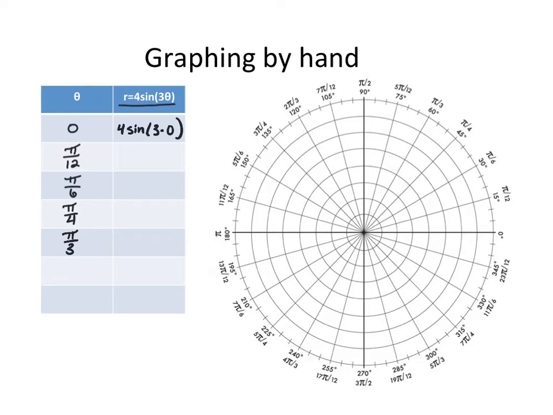I can type this into my calculator, or I can use my unit circle and my order of operations to find that this r value is going to be 0. If you're typing these into your calculators, our angles are measured in radians, so please make sure your calculator is in radian mode.